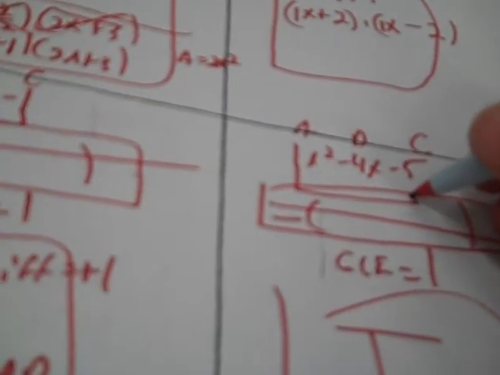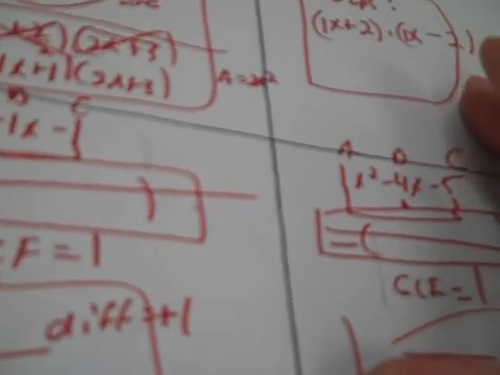Now we go to the other numerator. 1x squared minus 4x minus 5. Okay, GCF and negative in front, nope. X on everything, nope. 1 would be the GCF. Okay, I multiply 1 by negative 5. That would be negative 5.